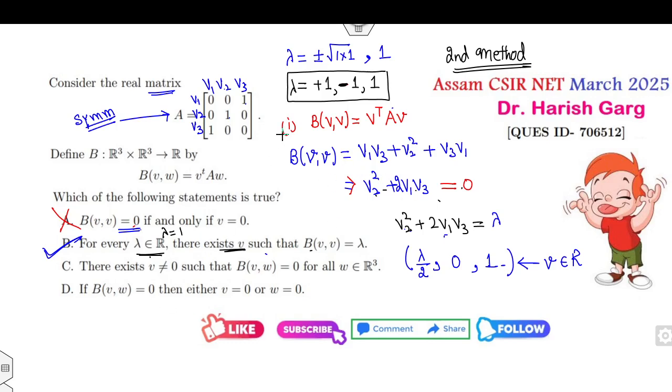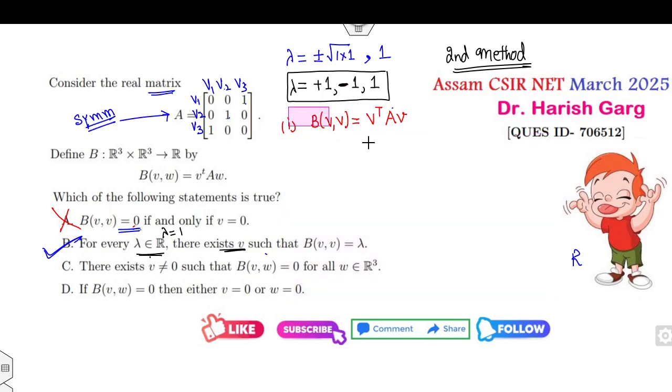Okay, look at the third one. Third one, we needed b of v, w, and w is w1, w2, w3. So this number is v1 w3, v2 square and v3 w1. Look at that.